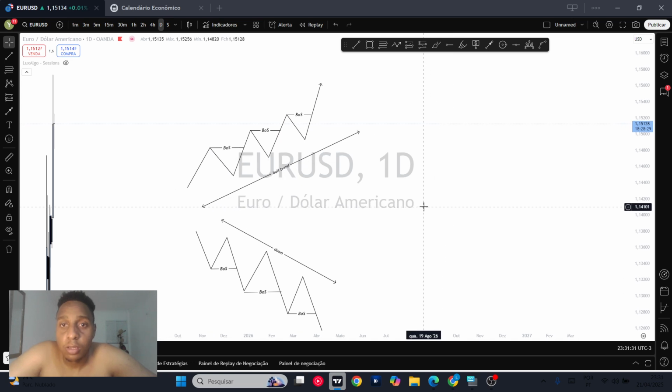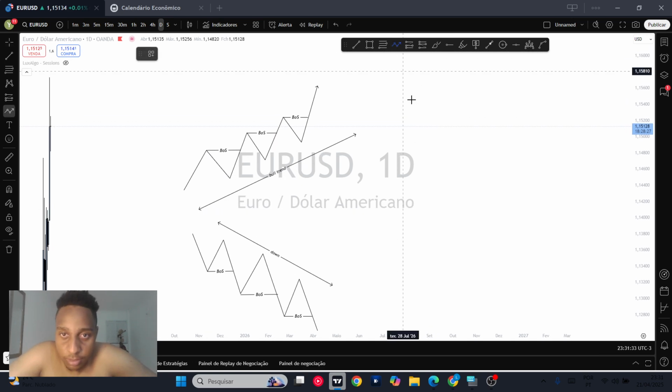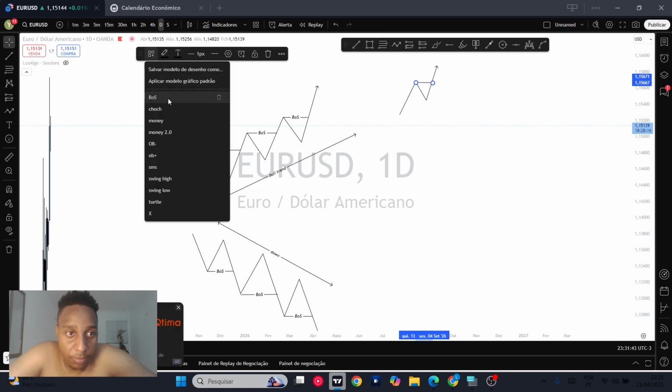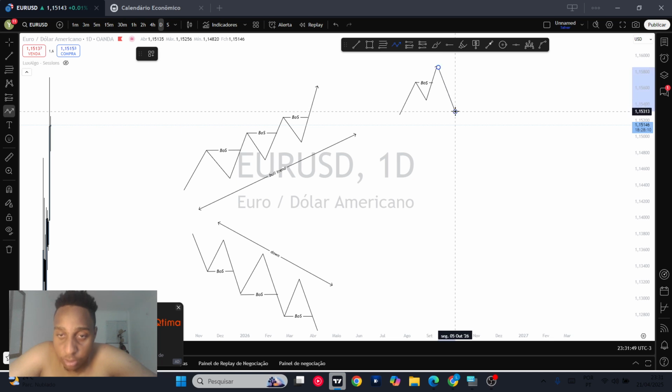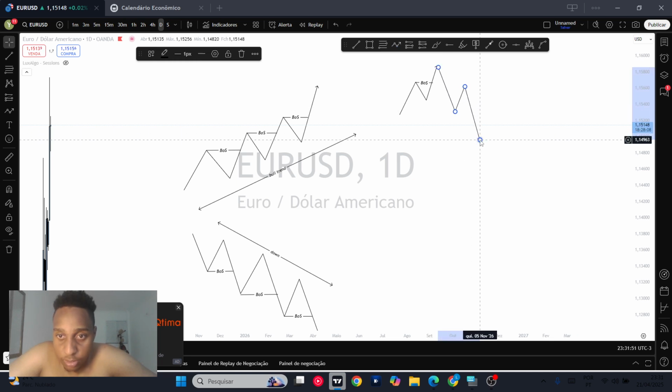When price reverses, price usually makes a high, breaks, and makes a break of structure here. Let me mark this out with a BOS, and then it makes a change of structure and then breaks to the downside.